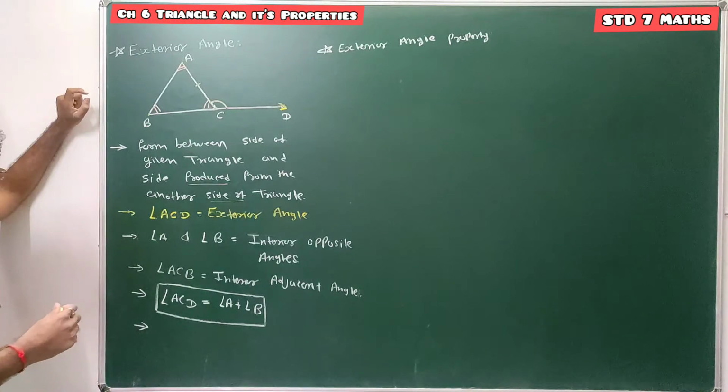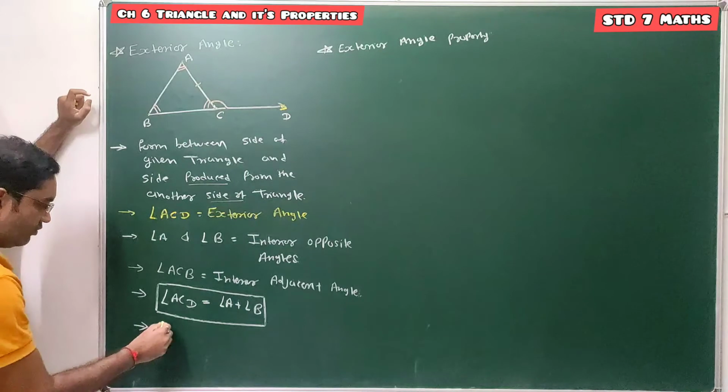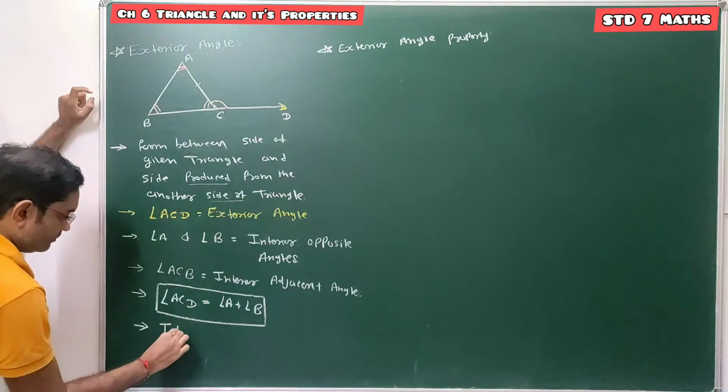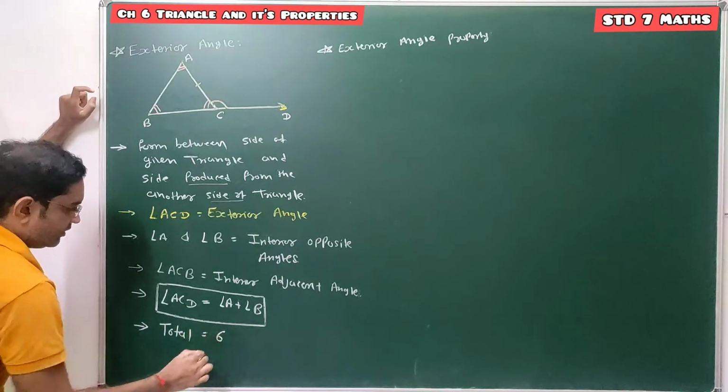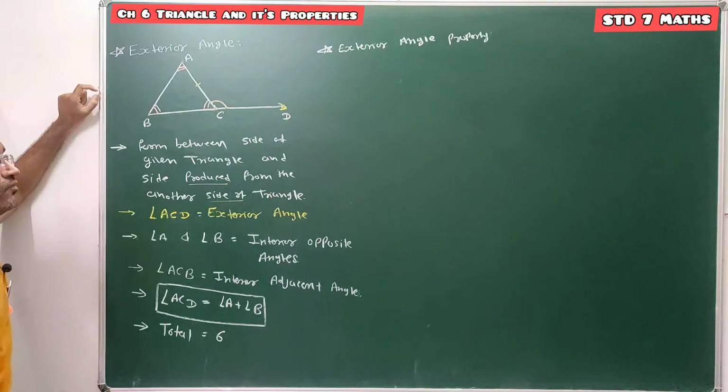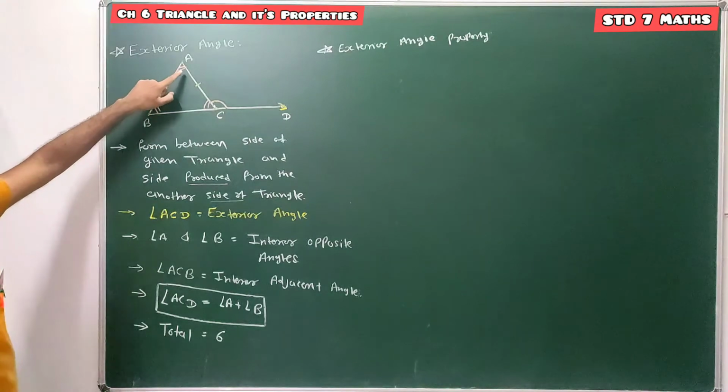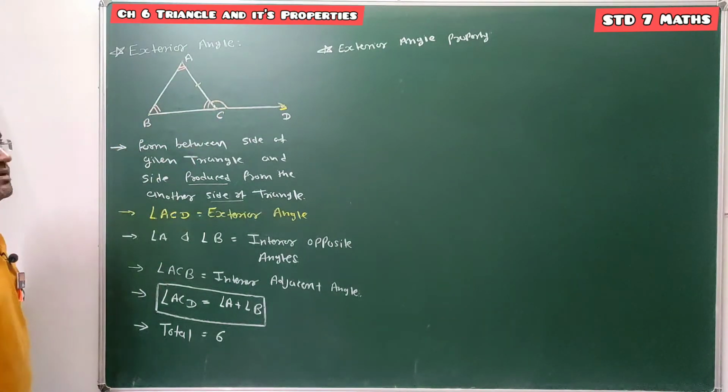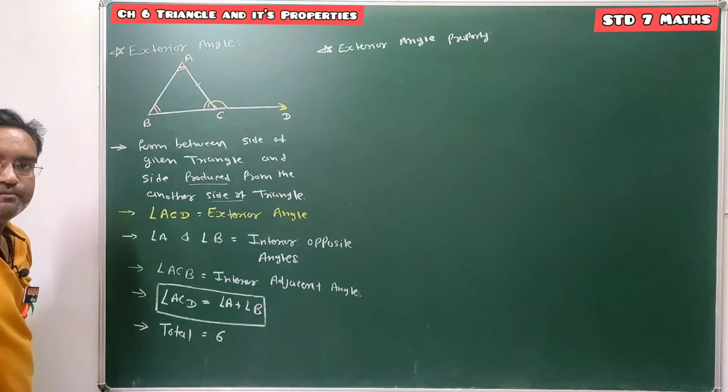So we can get a maximum of 6 exterior angles for any given triangle. We can form a total of 6 exterior angles for a given triangle, and out of those 6 we have considered only one, that is angle ACD, the exterior angle for triangle ABC. Clear?